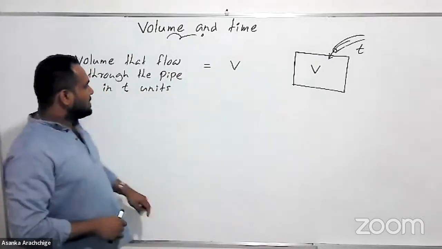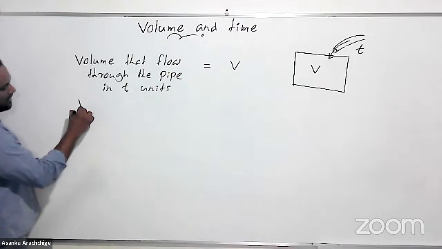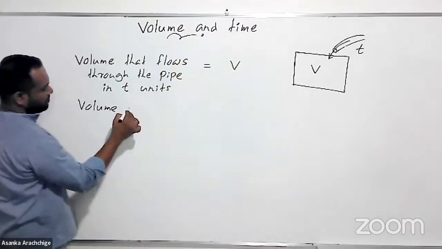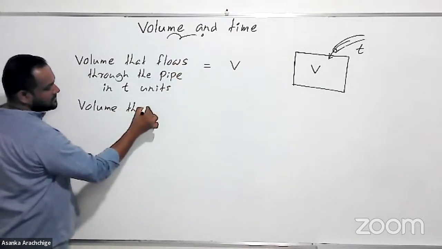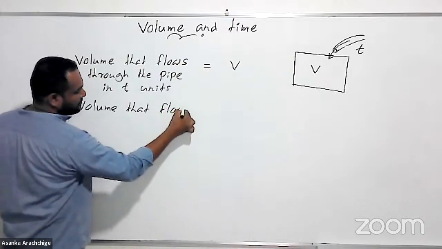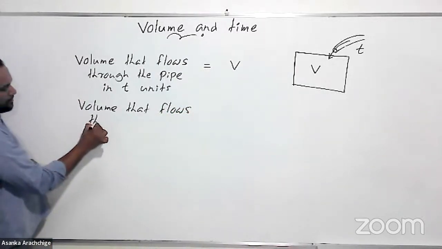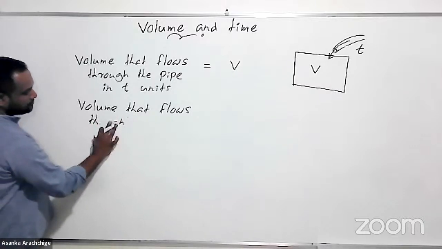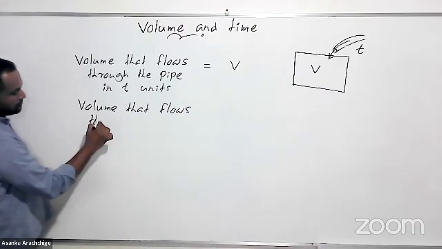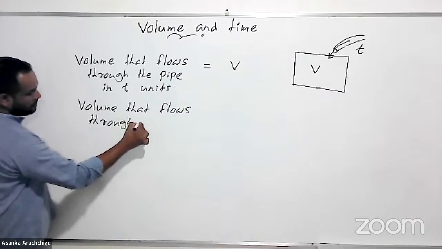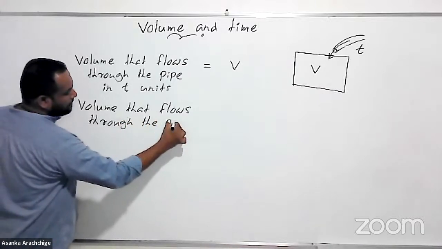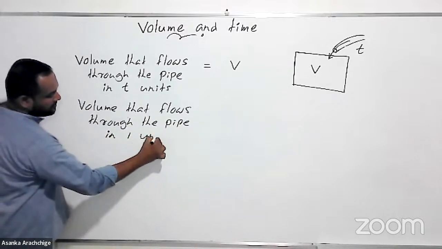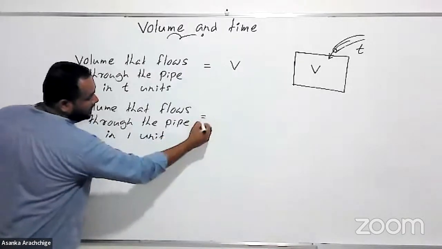Understood? Now tell me accordingly, what is the volume that flows through the pipe in 1 unit of time?